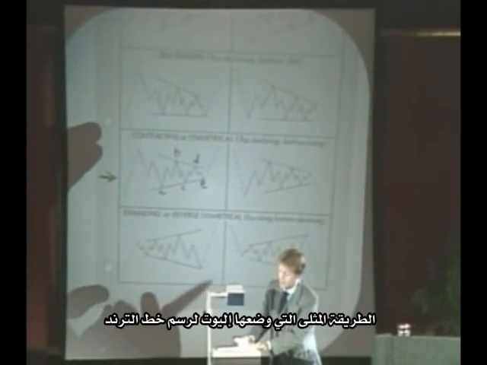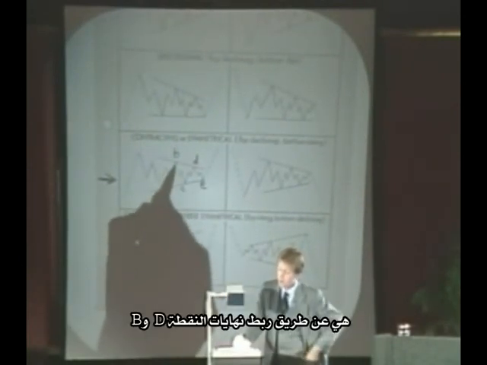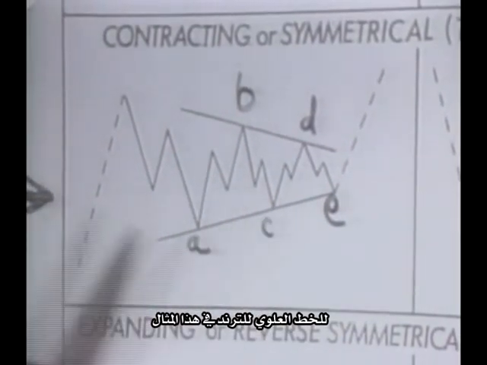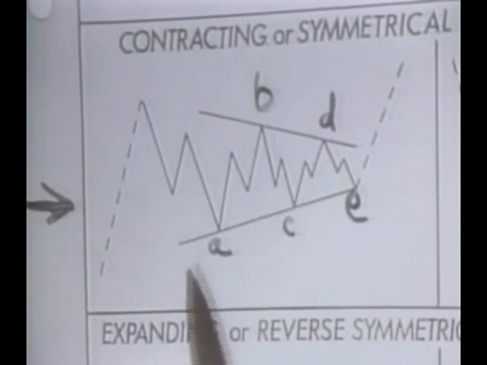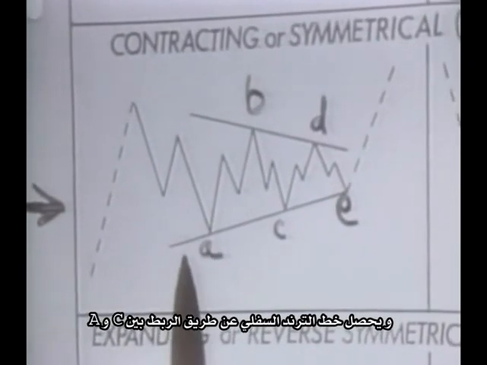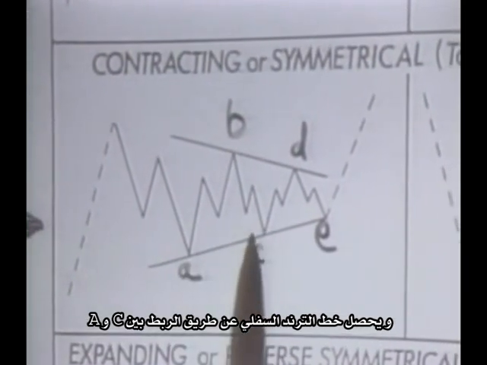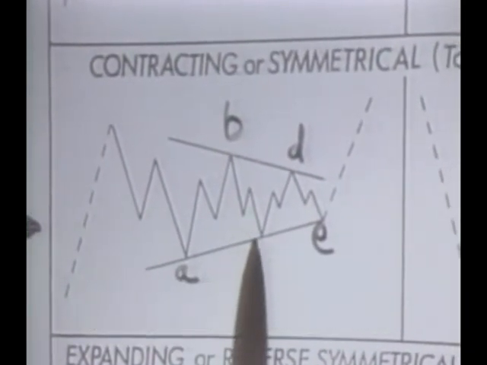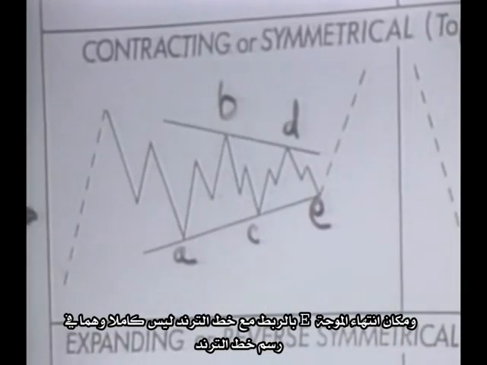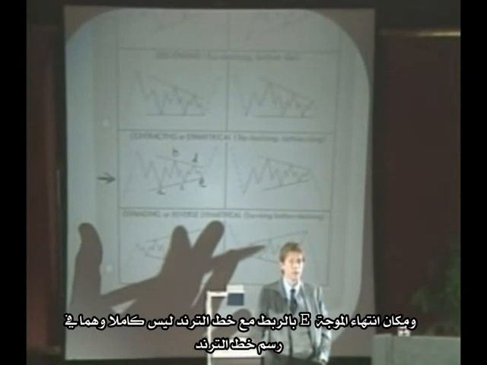The correct way that Elliott said to draw trend lines is by connecting the ends of points B and D for the upper trend line, in this example, and the lower trend line is obtained by connecting points A and C. Where the E wave ends relative to the trend line is not a factor in drawing the trend line.